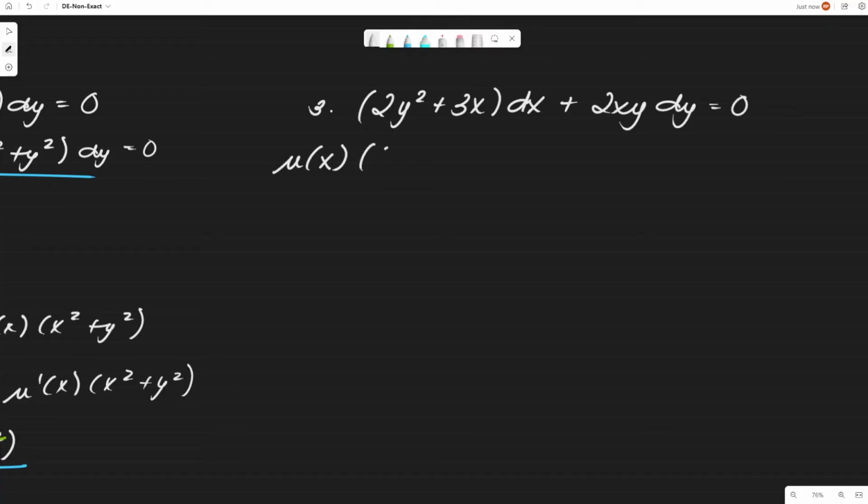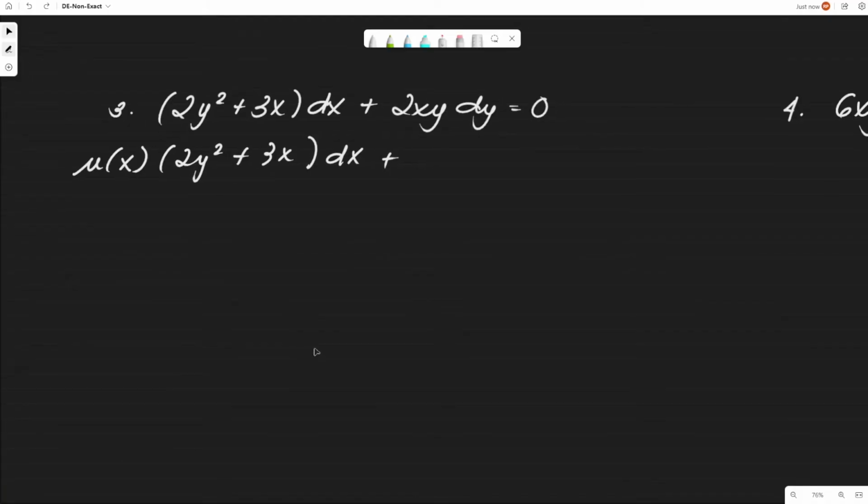Okay, so we have 2y squared plus 3x dx plus mu of x 2xy dy is equal to 0.